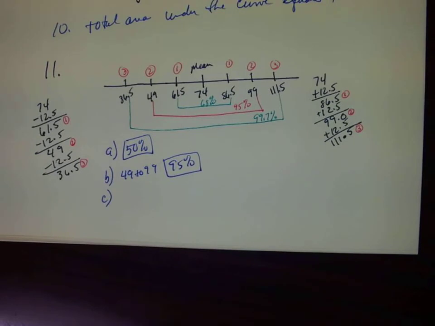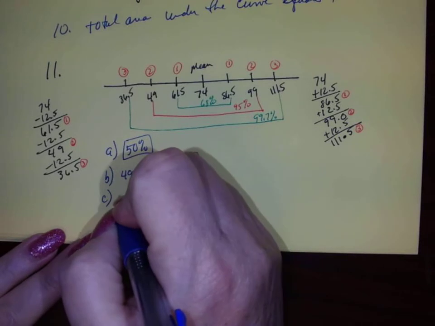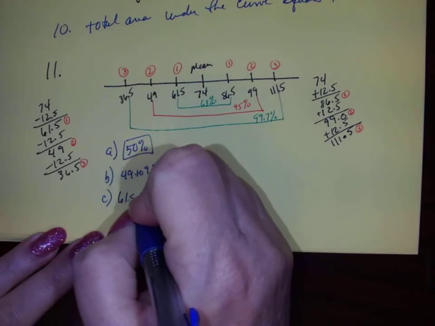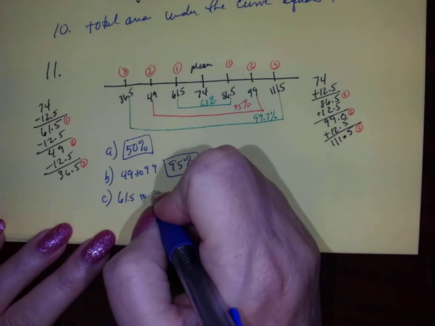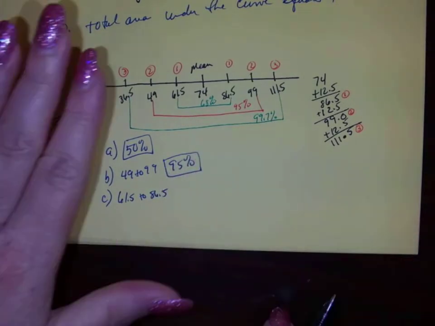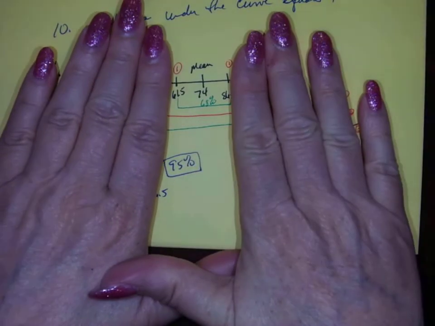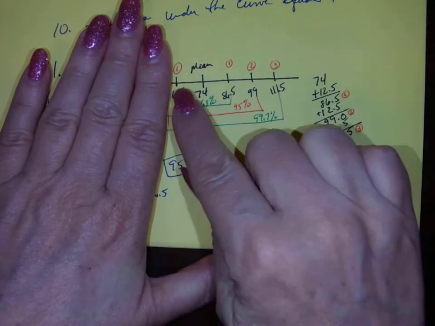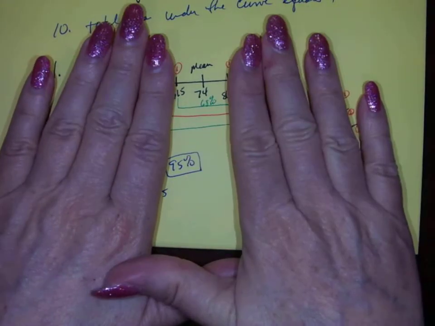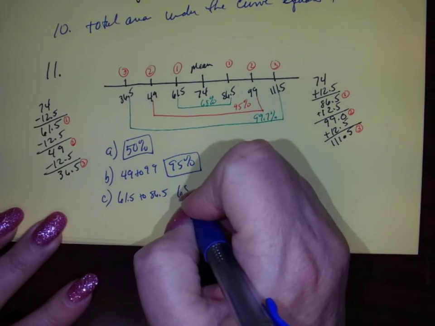All right, part C is the percentage of rates between 61.5 to 86.5. Well, 61.5 and 86.5, that's all the data in the 68% curve. They're both in the same increment, so this will be 68%.